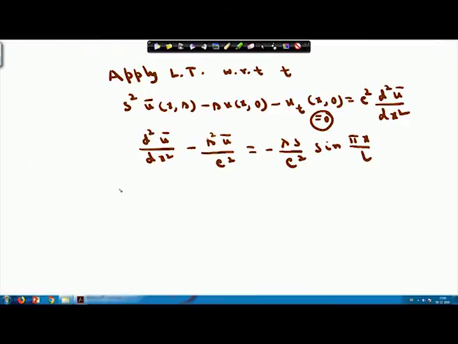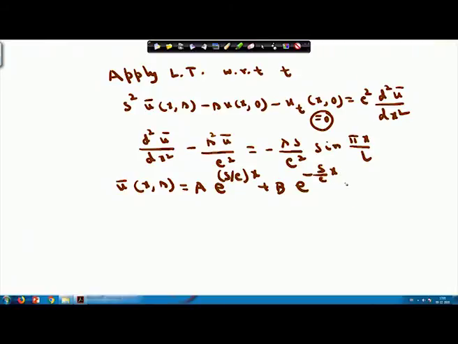So, for this case, your solution of this problem will be u bar(x,s) equals a e to the power (s by c) x plus b e to the power minus (s by c) x.